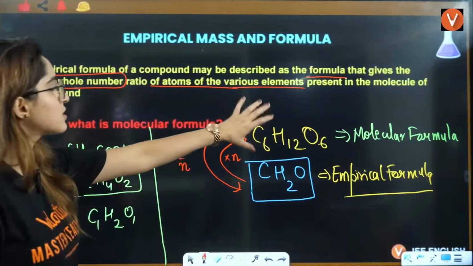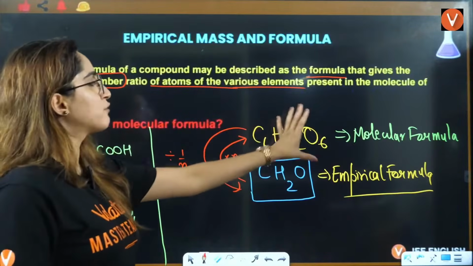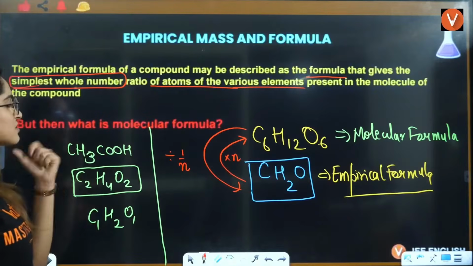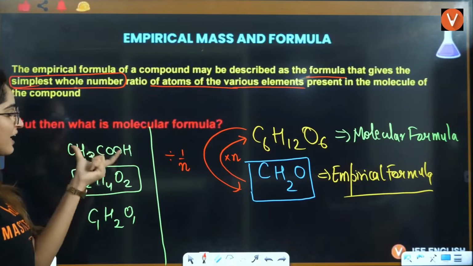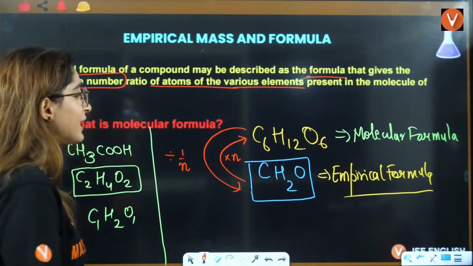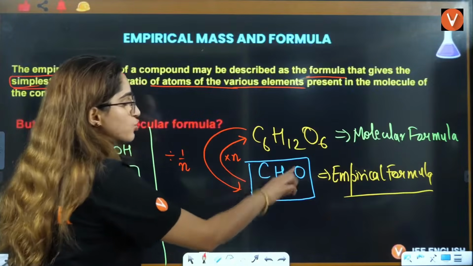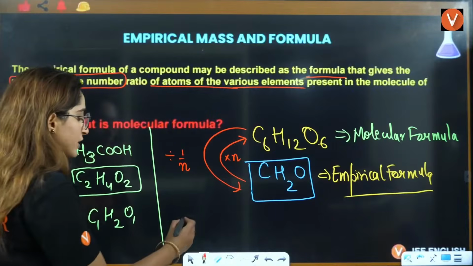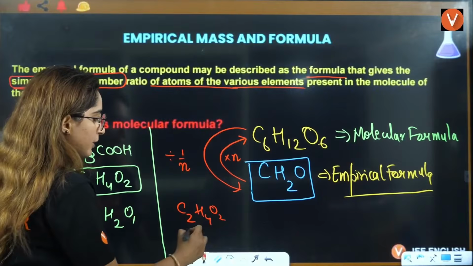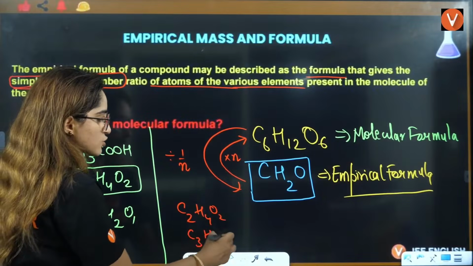If I say this is the molecular formula, carbon, hydrogen, oxygen is fixed. That means I can say this is glucose. If I arrange it like this, I can say that this is acetic acid. But if they give me CH2O, then if it is multiplied by 2, it will be C2H4O2. Multiplied by 3, it will be C3H6O3.